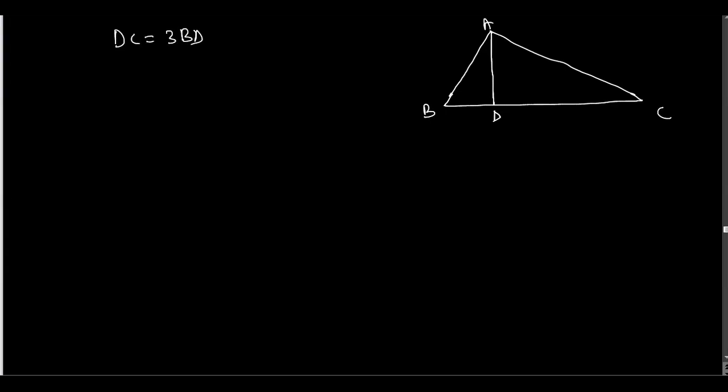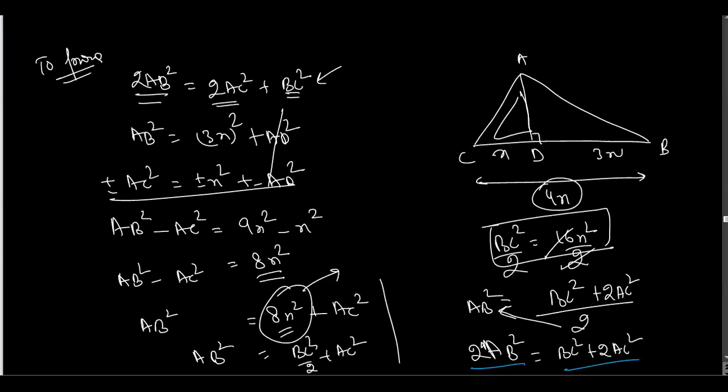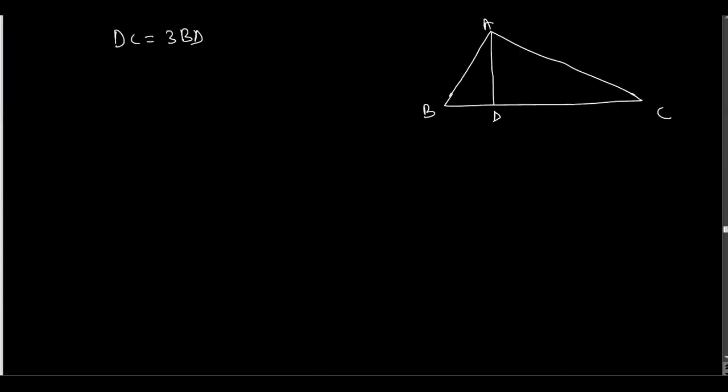Or rather, this is not DC. Here C is written in this question, so I have to change this one. This one is C and this one is B, and it is being given to you in the question that CD is 1/3 of BD.